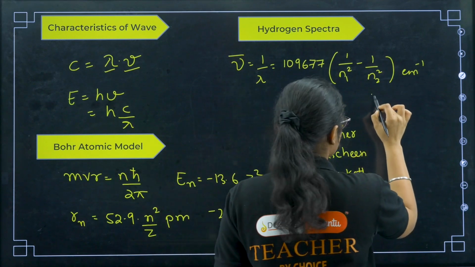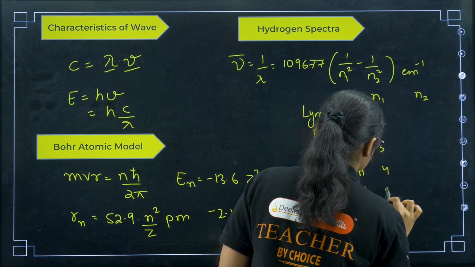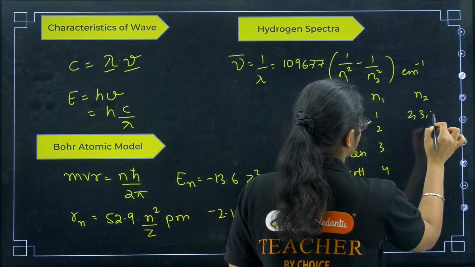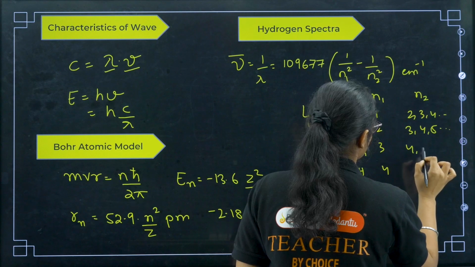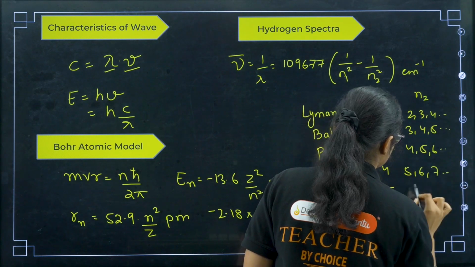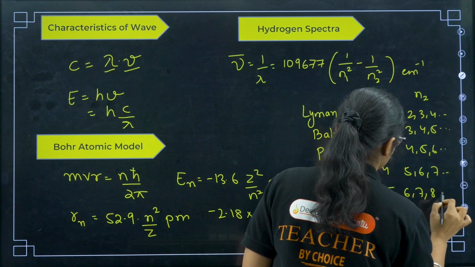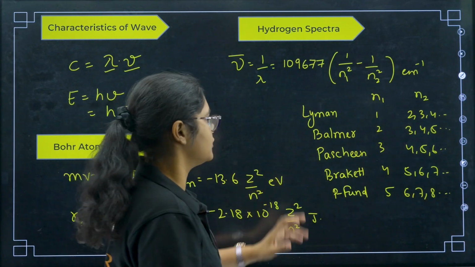Here n1 and n2 you should know. These are the values for n1, and n2 can be 2, 3, 4 anything; then 3, 4, 5 anything; 4, 5, 6 anything; 5, 6, 7 anything. So these are your hydrogen spectrum revision formulas.